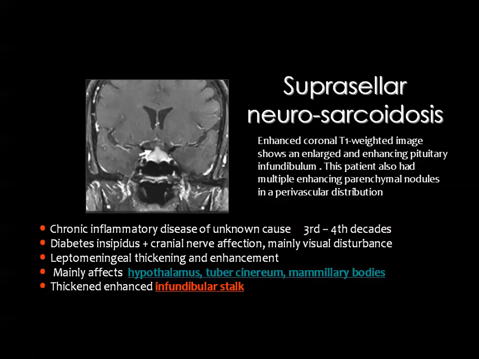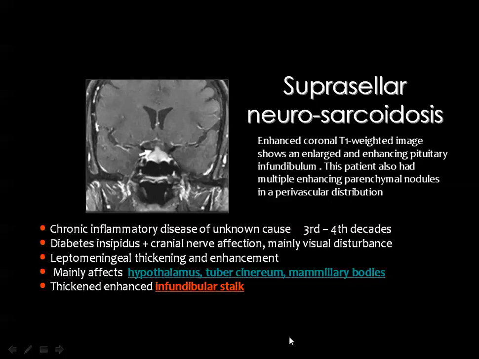Then suprasellar neurosarcoid. And you remember from the lectures of the brain imaging that sarcoid has a certain affinity to the region of the hypothalamus, the tuber cinereum, and the mammillary bodies together with the infundibular stalk.